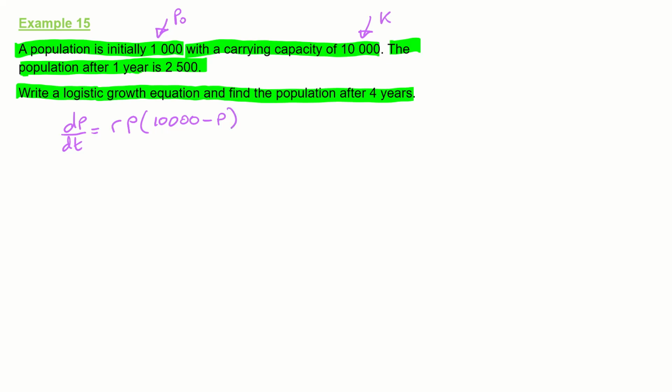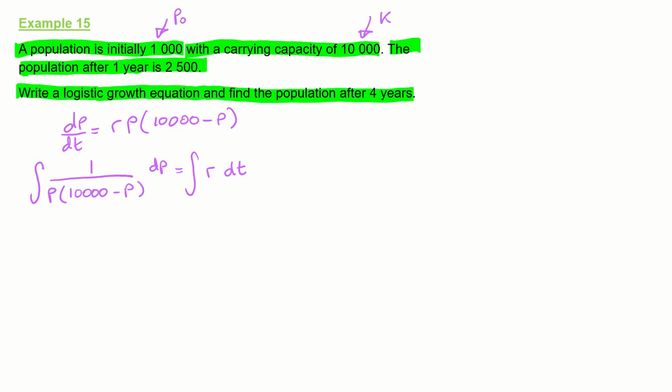Now we can separate that. We'll get the integral of 1 over P(10,000 minus P) dP equal to the integral of r dt.